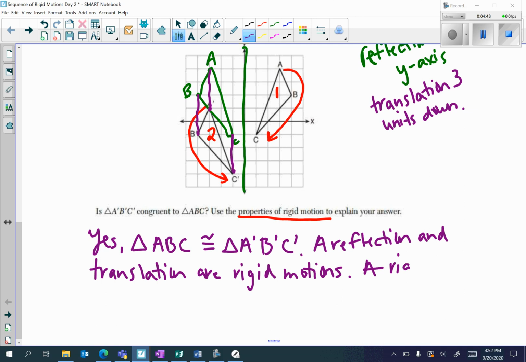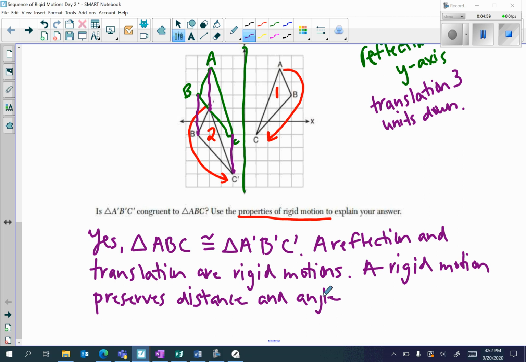A rigid motion preserves distance or side length and angle measure.